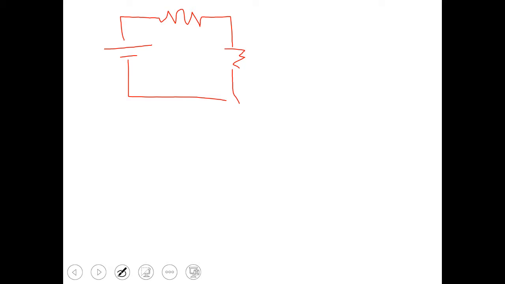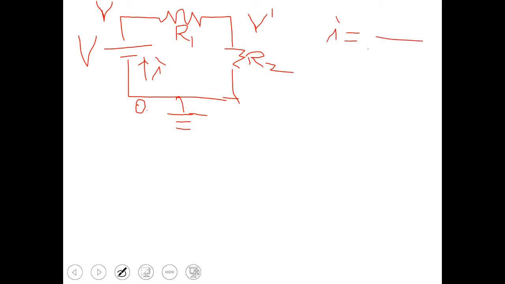You have a battery, we write it as V, and suppose this is a ground, and this is R1, R2. So actually, this is ground, so the voltage here is 0, and this is V, and this one will be a little bit lower, V prime, and we assume the current I flows through R1, R2, and V prime will be V minus IR1.